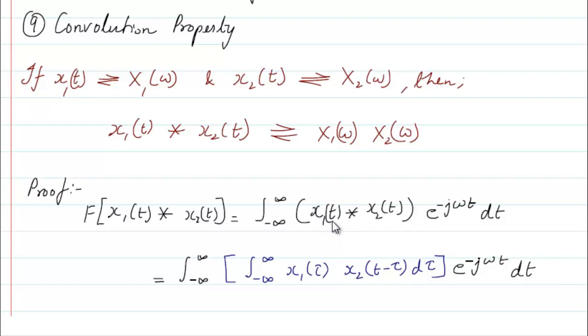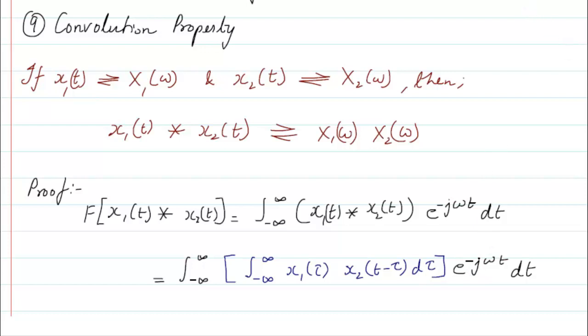So this convolution equation has expanded into this equation, where there is a tau here, and here also there is tau, but you can see that this is also a function of t. So I will change the order of integration such that I bring dt inside and take d tau outside.